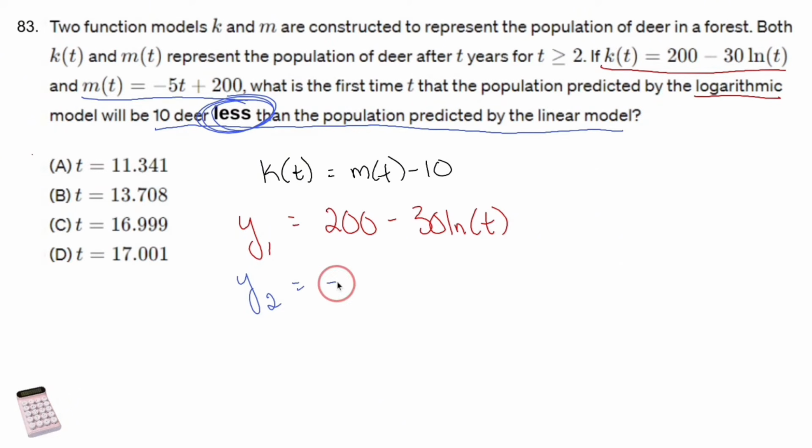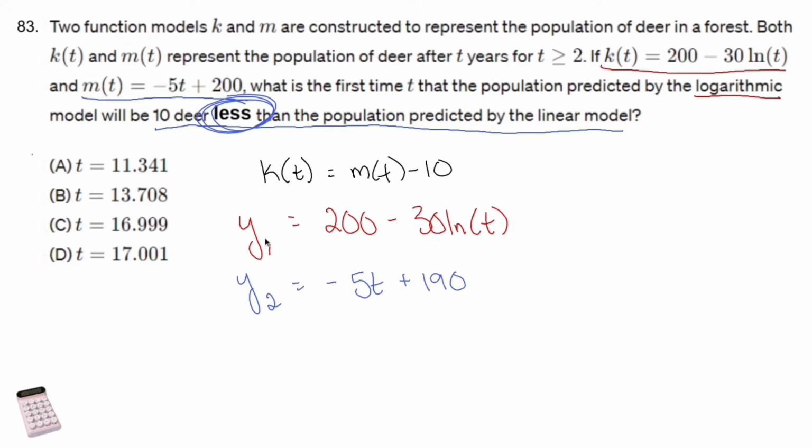So if I have -5t plus 200, I want this to be 10 less, so I just subtract 10. In my graphing calculator I don't want 200, I want 190, because I'm making an adjustment.